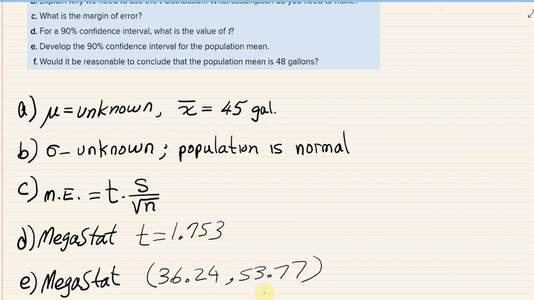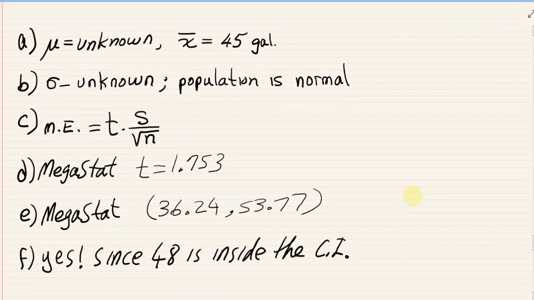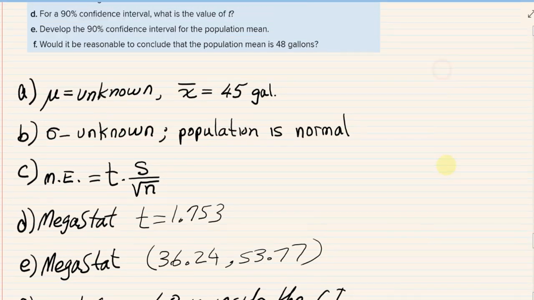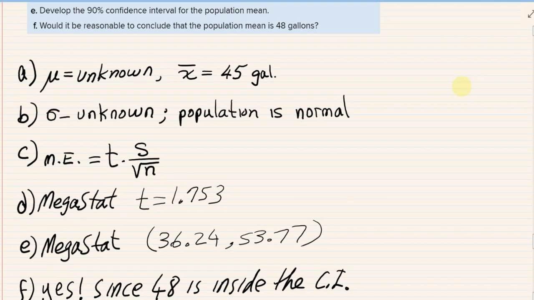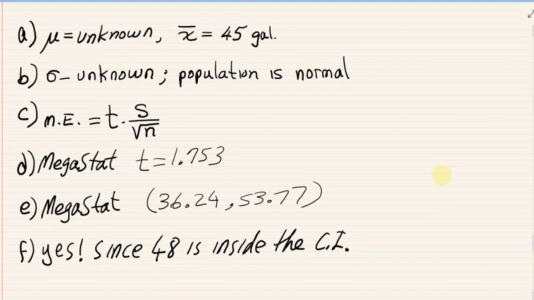So as long as whatever score they give you in part F is inside the interval, it's reasonable. Any number inside the interval is reasonable. So the answer is yes, because 48 is inside the confidence interval. See how that worked? And there you go. We did this entirely in MegaStat, and we did it step by step.